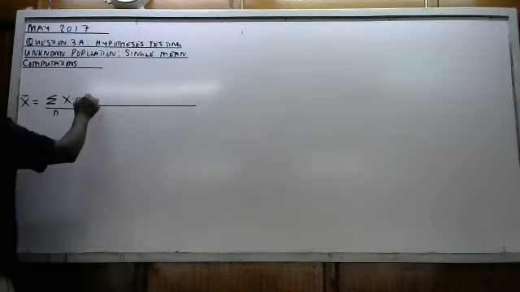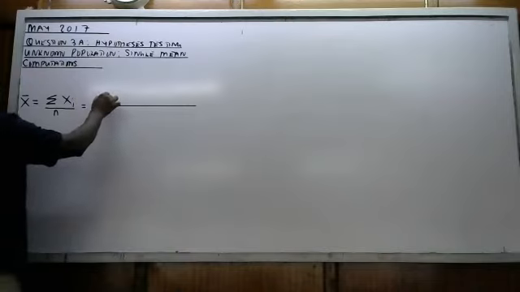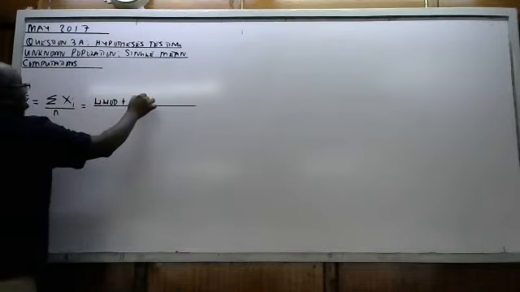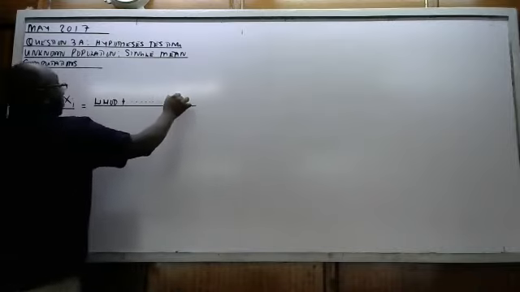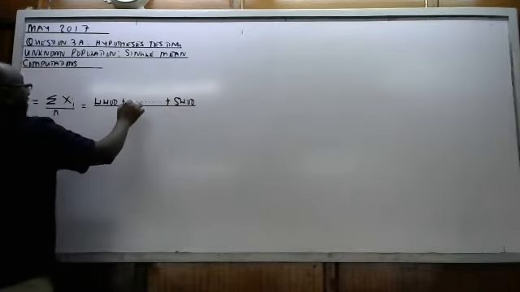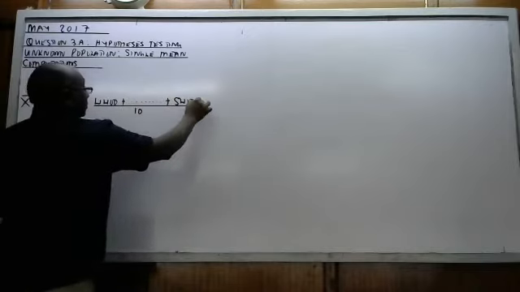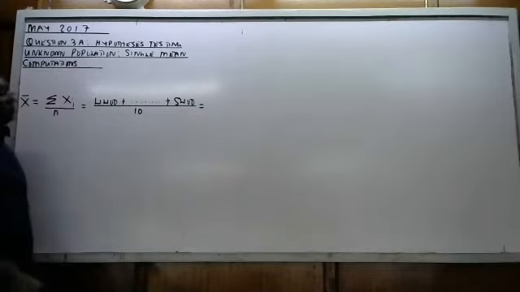Write 4,400 plus all the others, up to the last one, which is 5,400. You divide by 10.